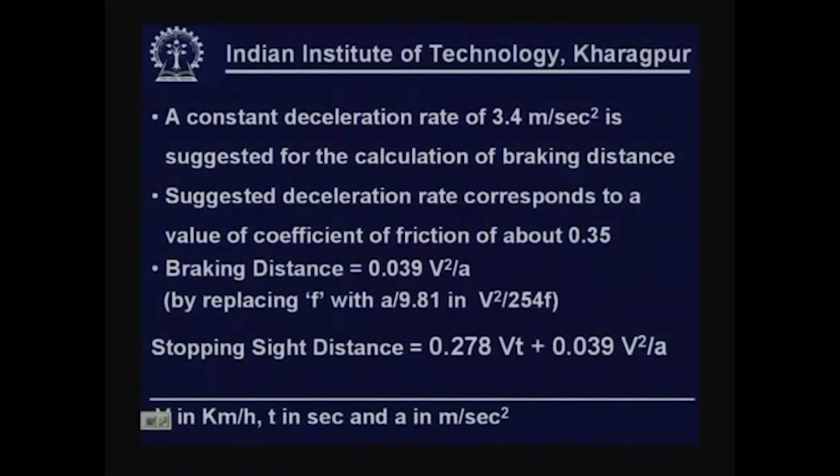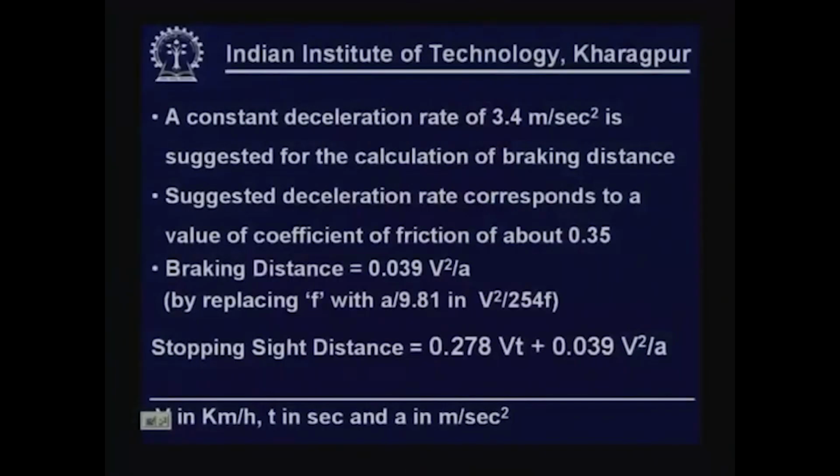Considering these three aspects, AASHTO recommends a fixed value of 3.4 meter per second square for deceleration for the calculation of stopping sight distance. It does not calculate SSD based on coefficient of friction. Instead of using coefficient of friction, a constant deceleration rate of 3.4 meter per second square is used.